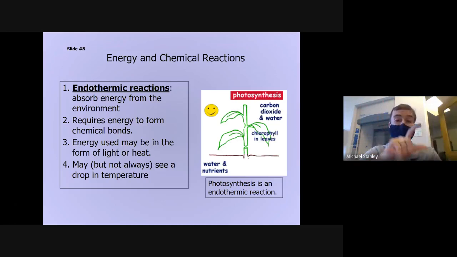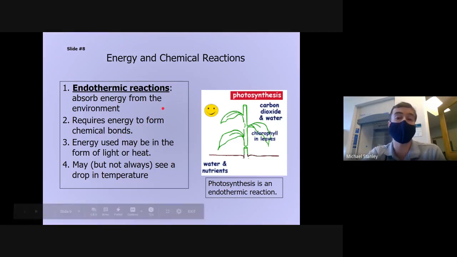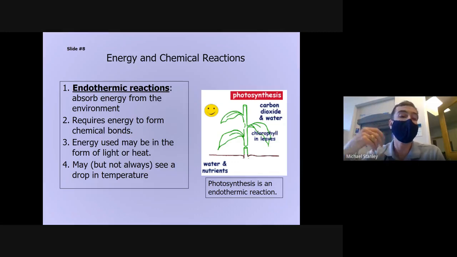We have to just rearrange how they're attached to each other. So our reactions can be exothermic, where they release energy out into the environment, or they can be endothermic, where they absorb energy and use that usually to build up some sort of structure that has a lot of chemical bonds.